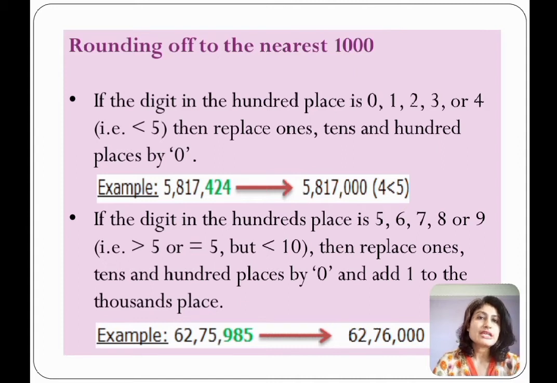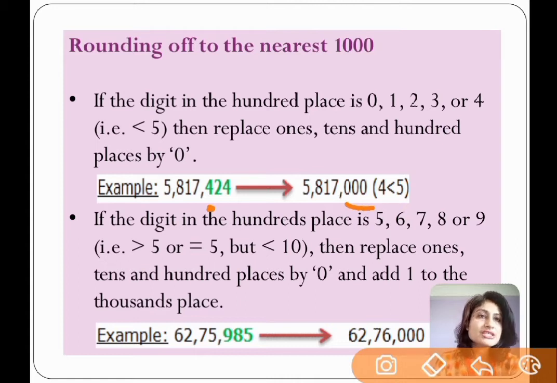So here the examples are given. What is here in the 100 position? 4. That means it is less than 5. So we replace 100, tens and ones with 0 and the rest of the digits are as it is. So our answer is 5,817,000.